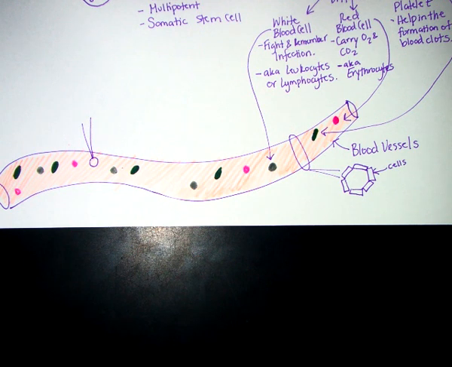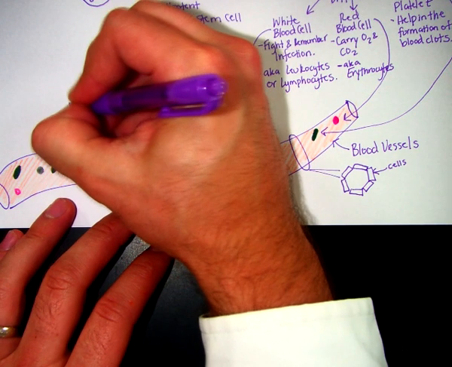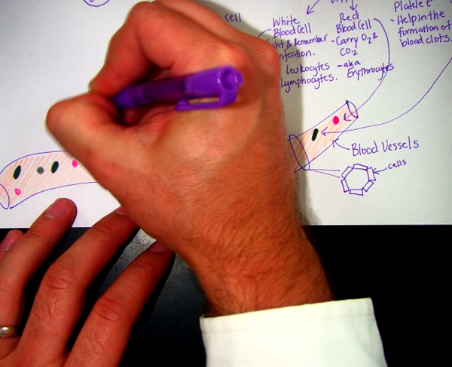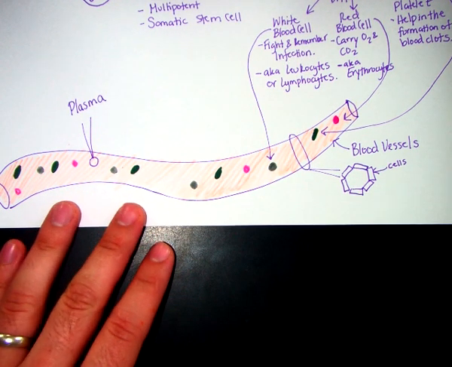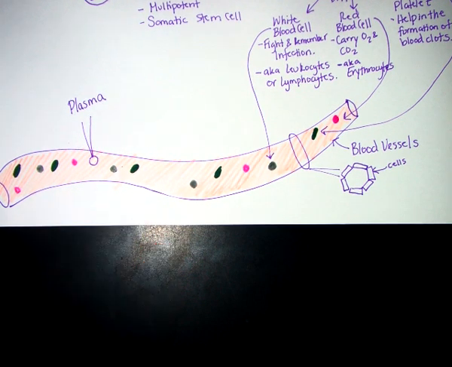This liquid is called plasma. The liquid in which the cells are dissolved is called plasma.